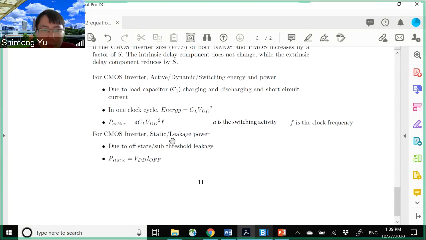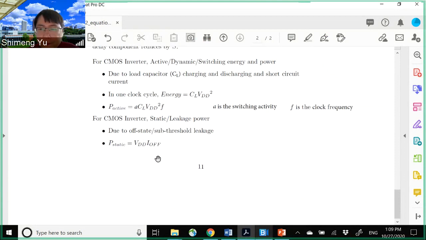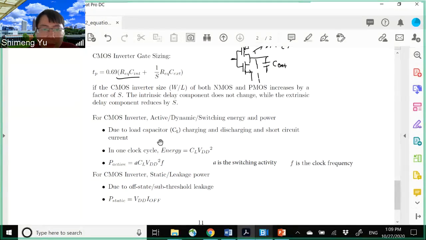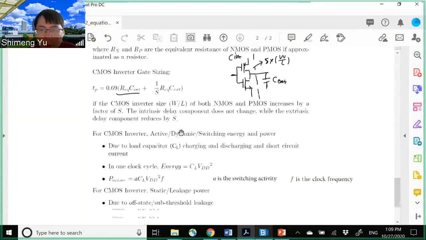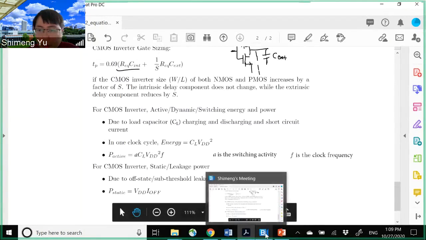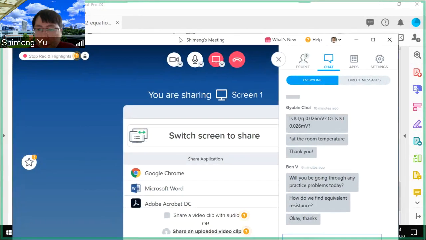And for the static and leakage power, it's simple, it's just VDD times I off. I think that's all for the equations. So, any questions?